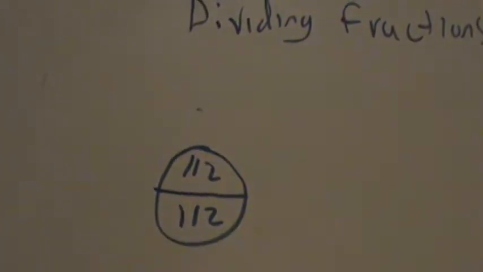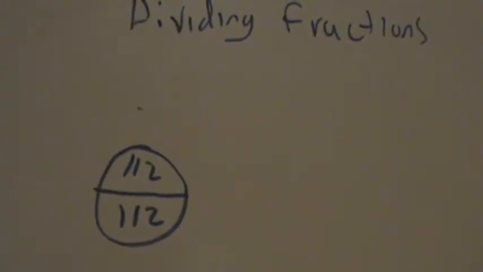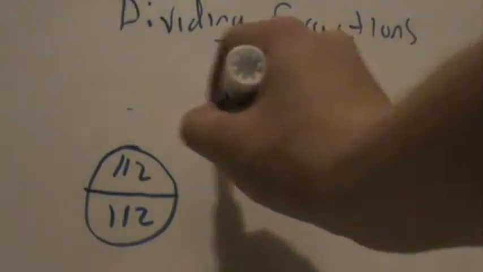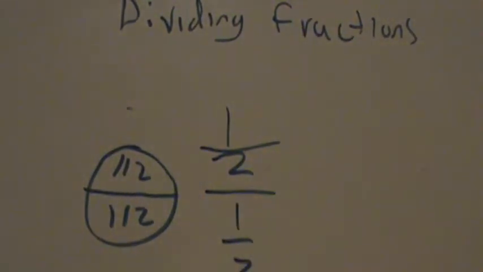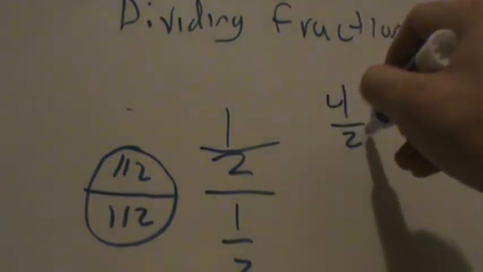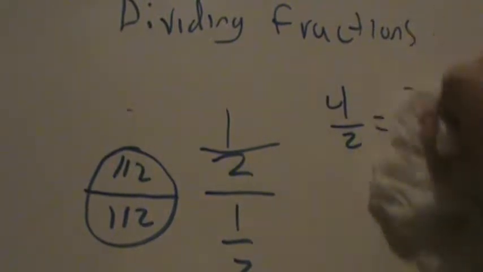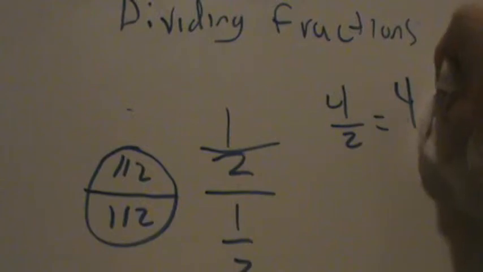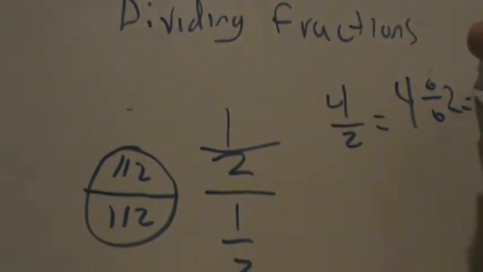So how would we do this? How would we justify this in dividing fractions? Well, this is what we do. If we take 4 divided by 2, that's equal to 2.